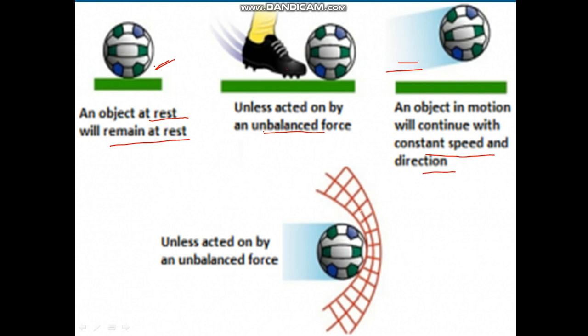So over here you can see, again there is a net force exerted which is not balanced by anything else, and this ball can be brought to rest by this unbalanced force.